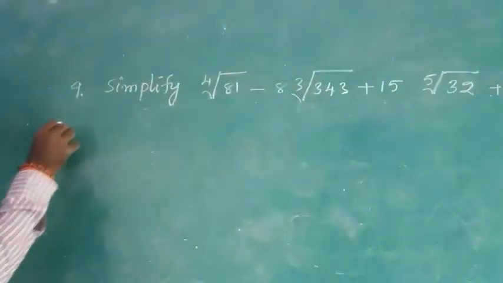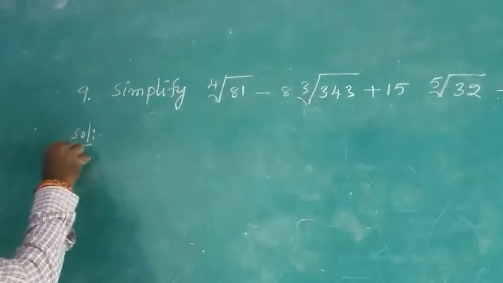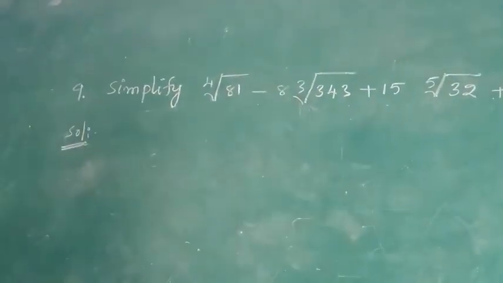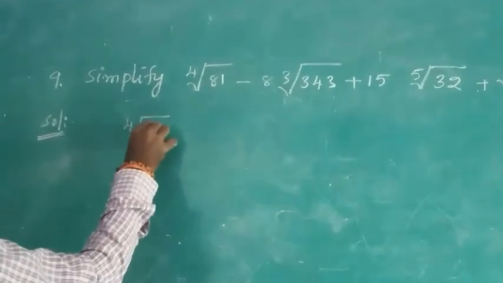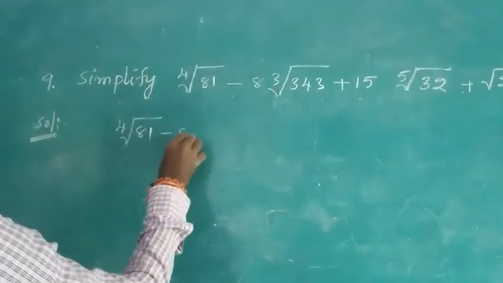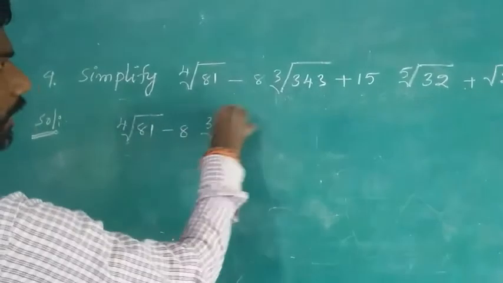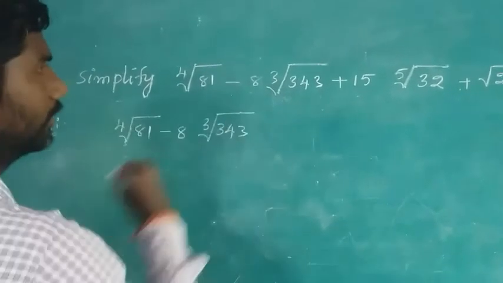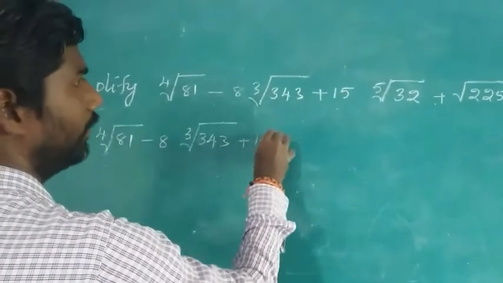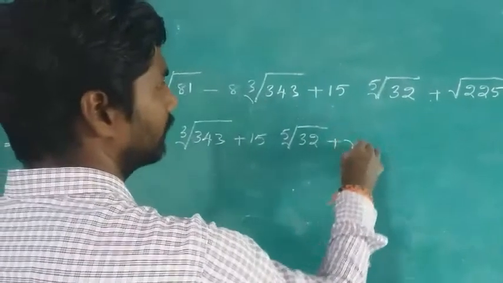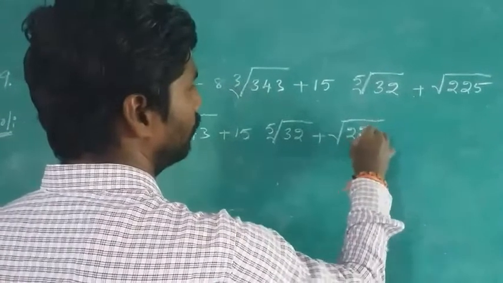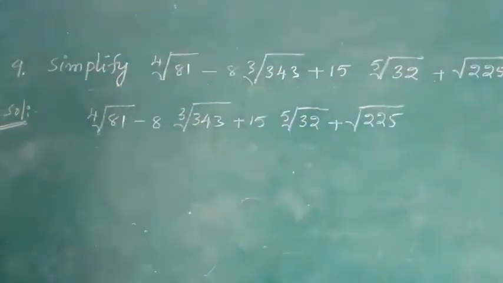Right? So we need to simplify this problem. Before that, let me write the question. Fourth root of 81 minus 8 into third root of 343 plus 15 into fifth root of 32 plus under root 225. This is the question.